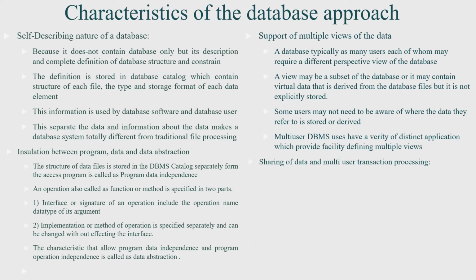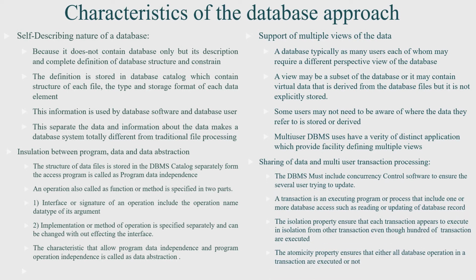The last one is sharing data and multi-user transaction processing systems. The DBMS must include concurrency control software to ensure that several users trying to update do so correctly. For example, in a company there are multiple people working, and each user needs to work on the data.